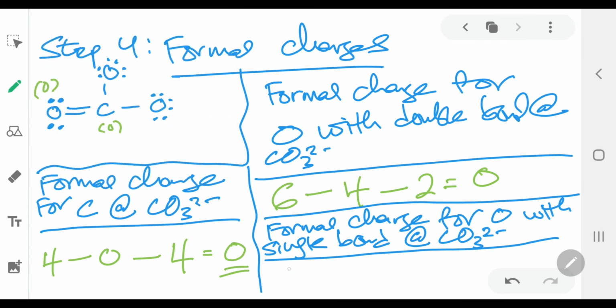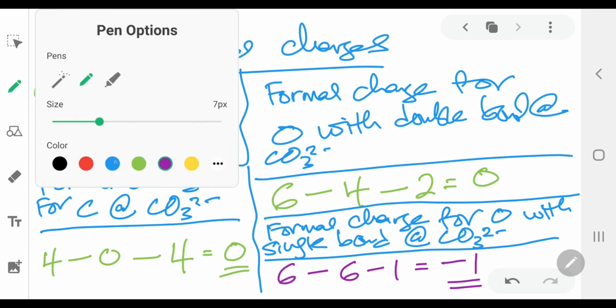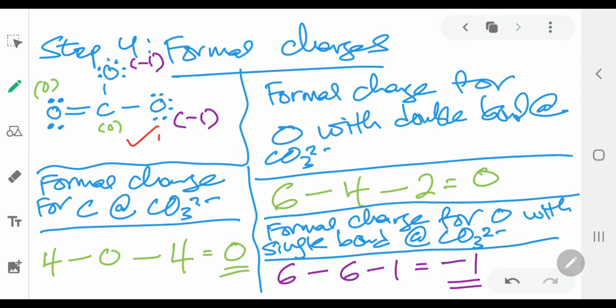Okay, so valence electrons 6 minus, you have 6 electrons for the lone pairs, minus 1 bonding pair, you have -1. Okay, so this is -1 and that one is -1. So that is the formal charge. Okay, so you will get 1 mark for this, 1 mark for that, 1 mark for this, and 1 mark for that one.